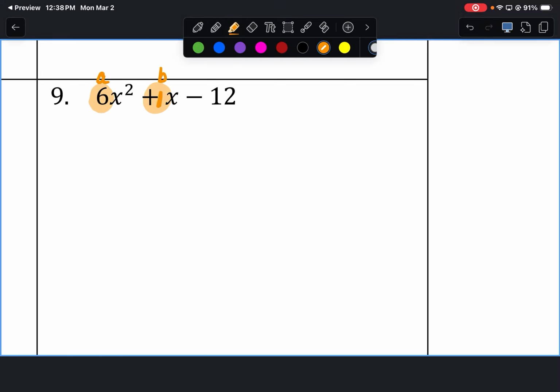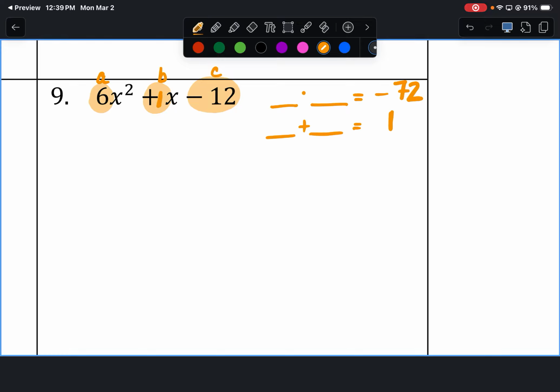What is our C term? Okay, so we set it up. What times what gives you, what is 6 times -12? And then what plus what gives us, what's our B? And 6 times 12 is not 60. What is it? There we go.